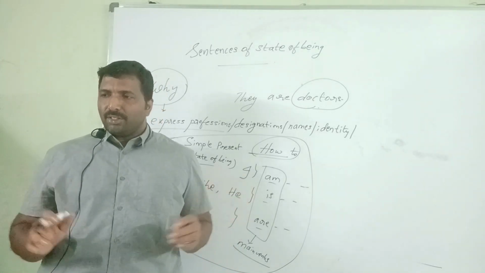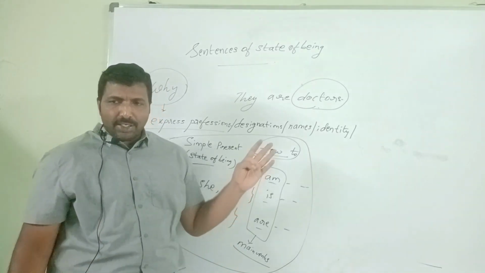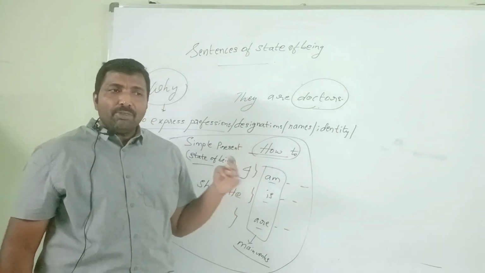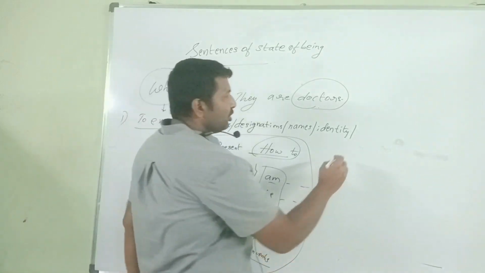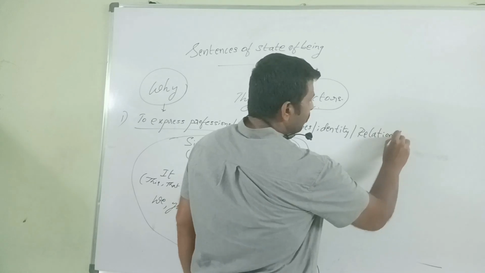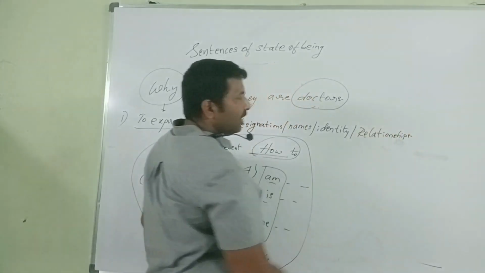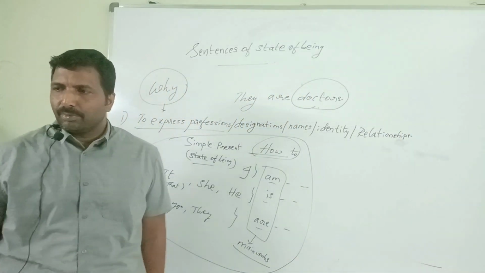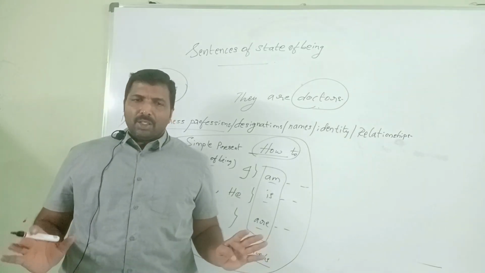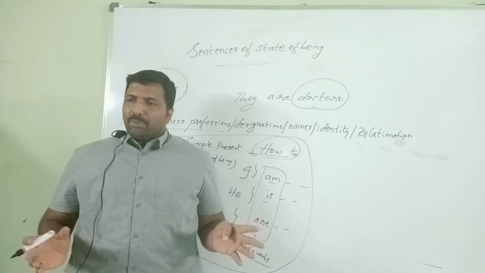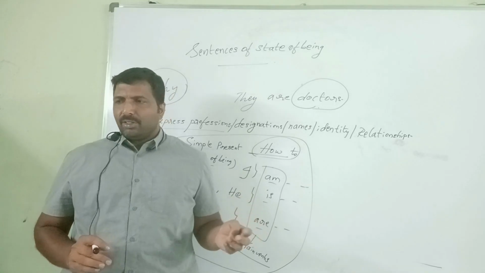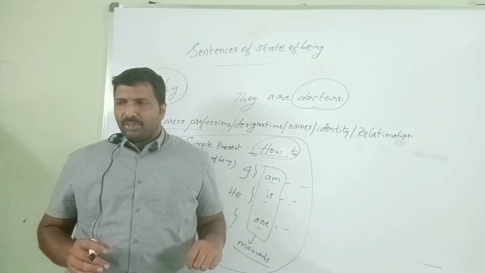To express identities, to express names, even sometimes to express relationships. They are my friends. It can be a social relationship, otherwise a blood relationship. He is my brother. They are my neighbors.